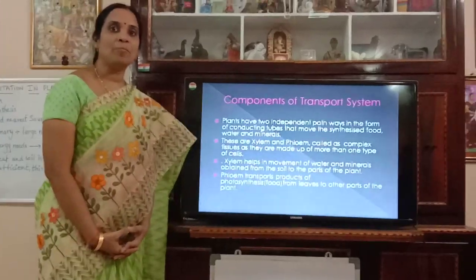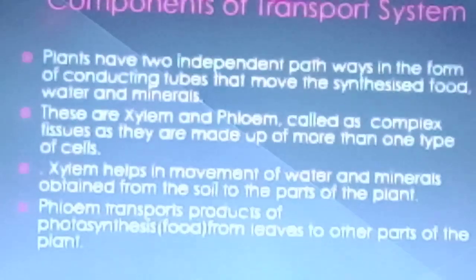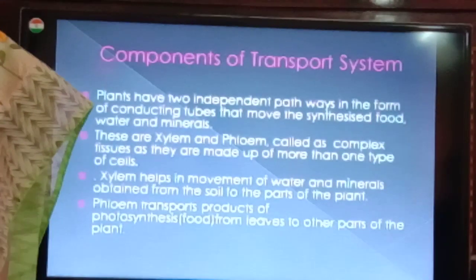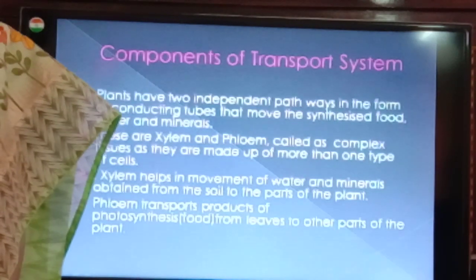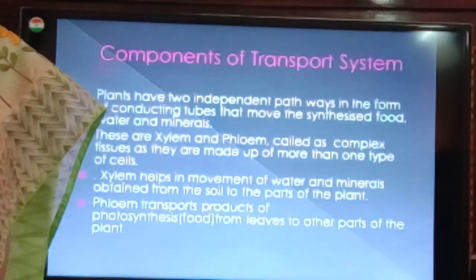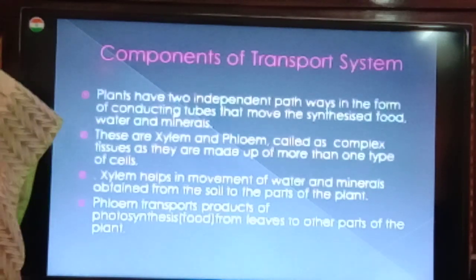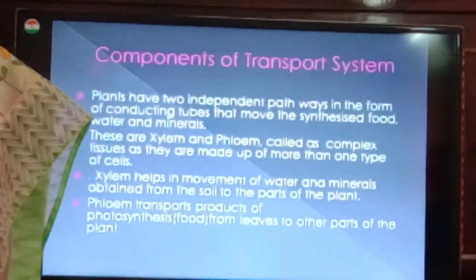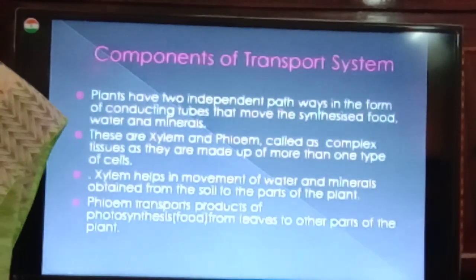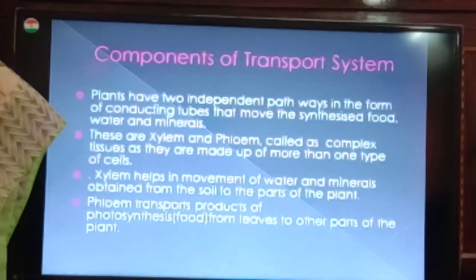What are the main components in this transport system? You have already learned in 9th class. The complex tissues, xylem and phloem, are the main components here. So plants have two independent pathways in the form of conducting tubes that help in transport of water and minerals and even food.